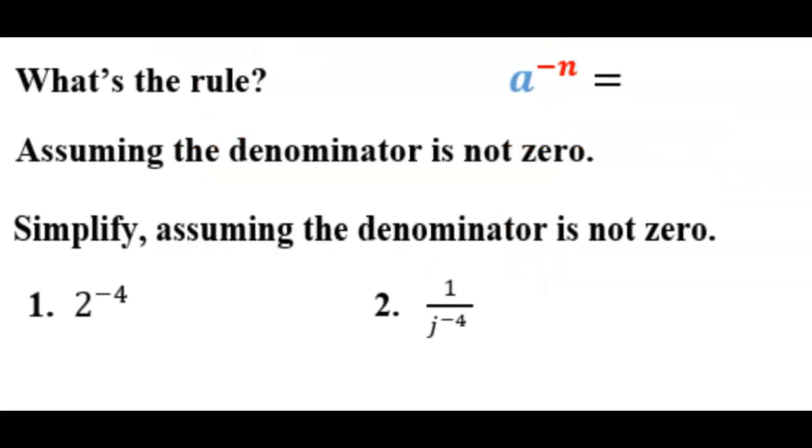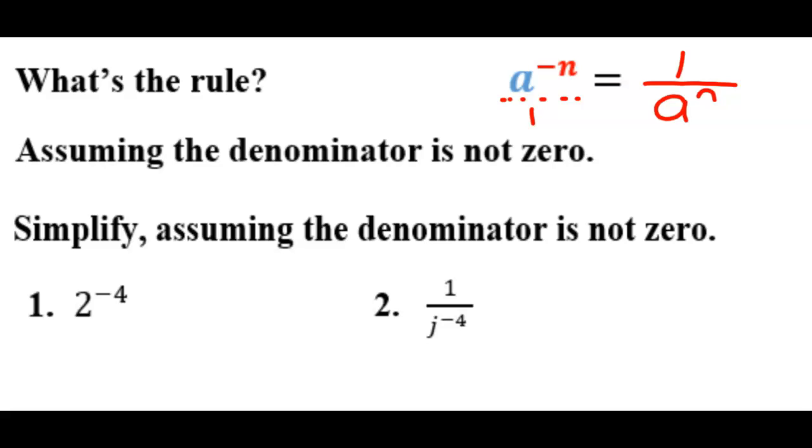Okay. So my rule is, anytime I have a letter with a negative exponent, I have to change where it's at in the fraction. So if it's on the top of the fraction, I have to move it to the bottom.